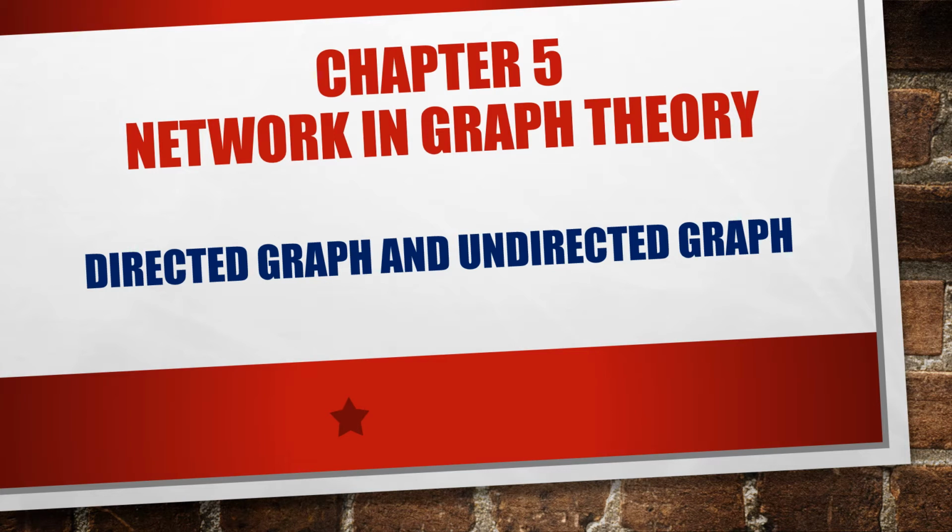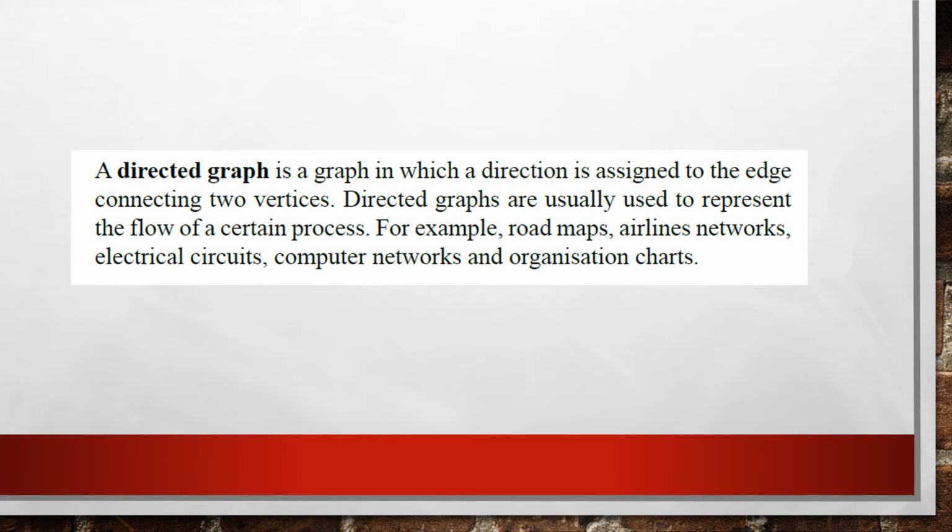Hi everyone, today we will continue with another subtopic in chapter 5, Network in Graph Theory, that is directed graph and undirected graph. So first, we look at what a directed graph means.